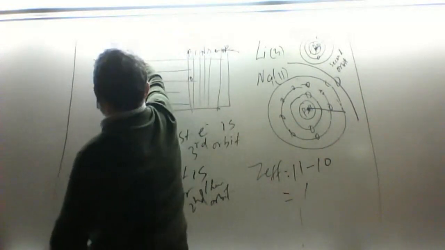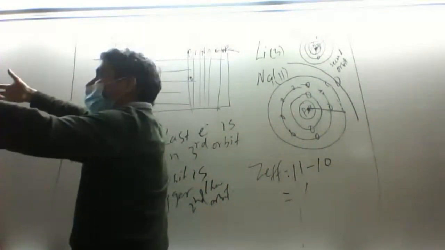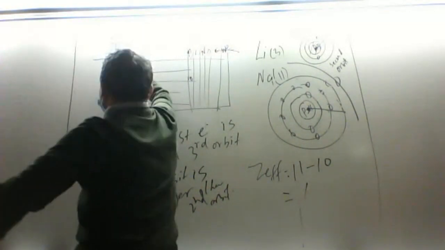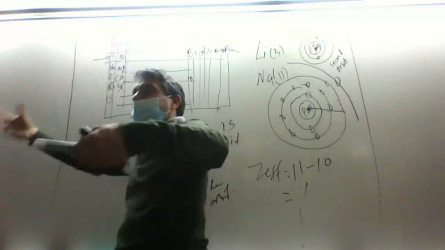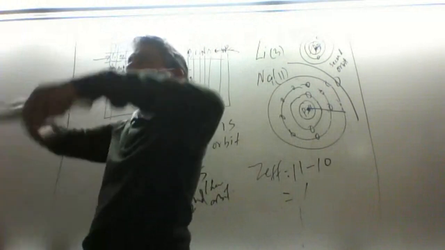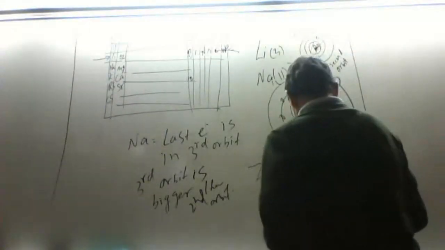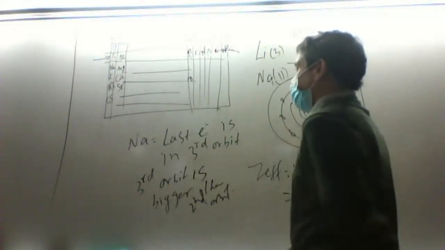But as we go down from top to bottom, in each step, although there is an increasing nuclear charge or proton charge, the electron is added in another extra orbit. That orbit has a bigger size, so that makes the size of the atom bigger. Make sense? Good.